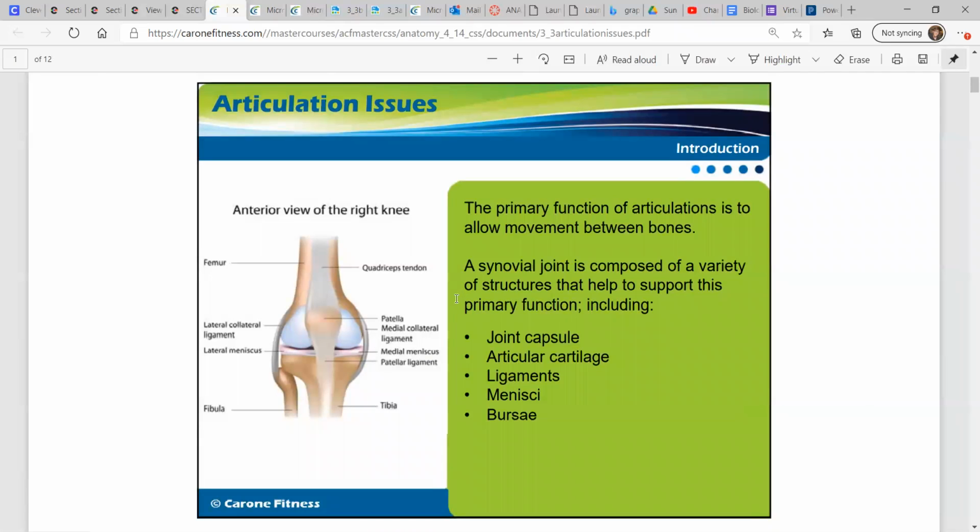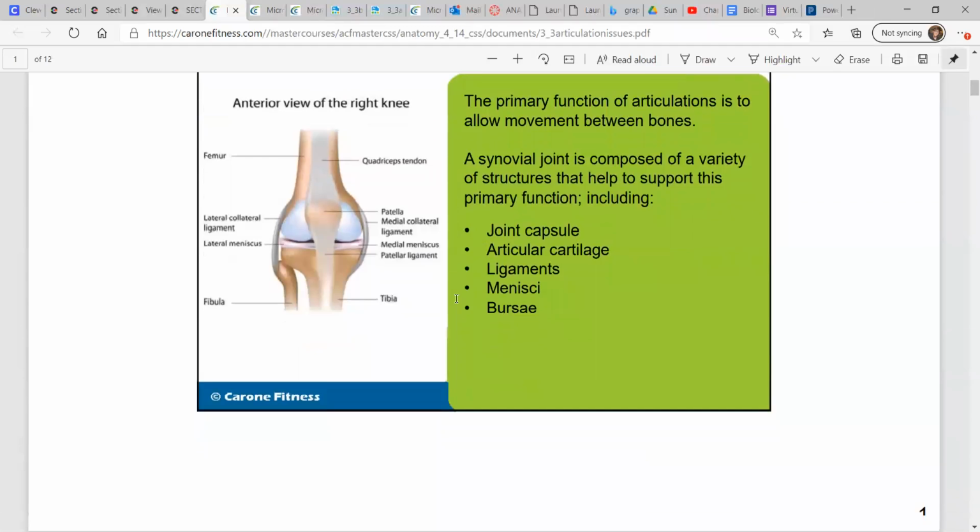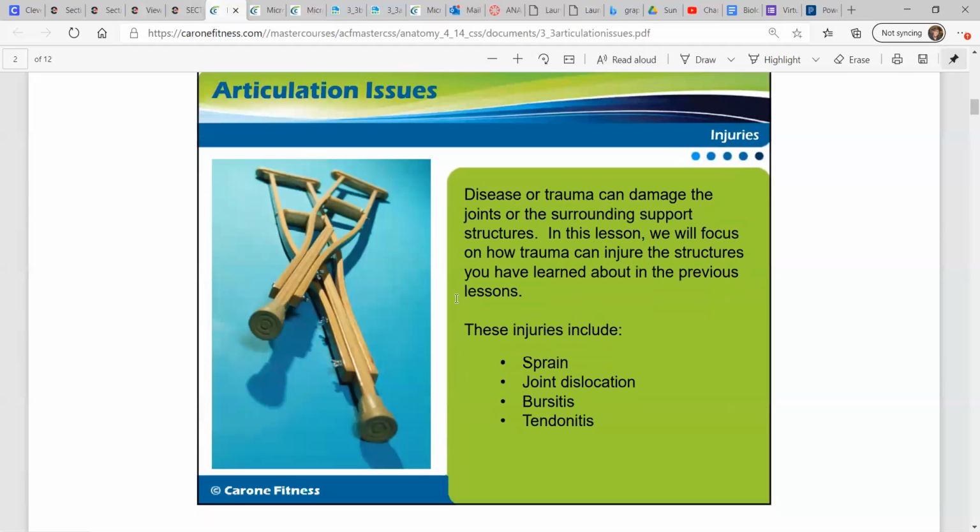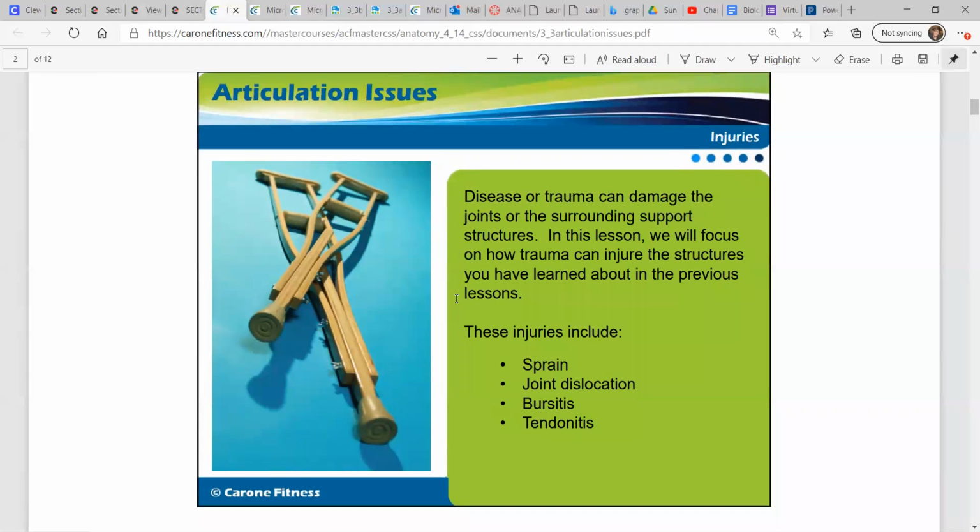However, when these fail, that is when issues can develop. Either through disease or trauma, your joints can be damaged, or the supports of those joints can be damaged as well. And in this lesson, we're going to focus on how trauma can actually injure those structures.